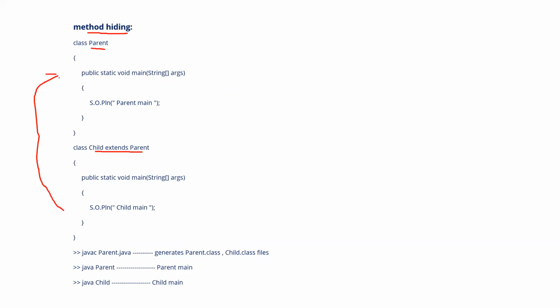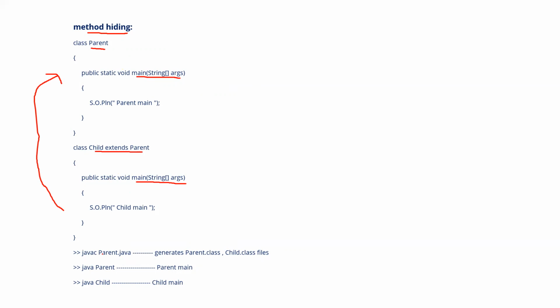Here, the main method with String array args has the same method signature, and the child class also defines its own implementation. This concept is called overriding. In overloading, the method name should be the same and arguments should be different. In method overriding, both the method name and argument list should be the same.